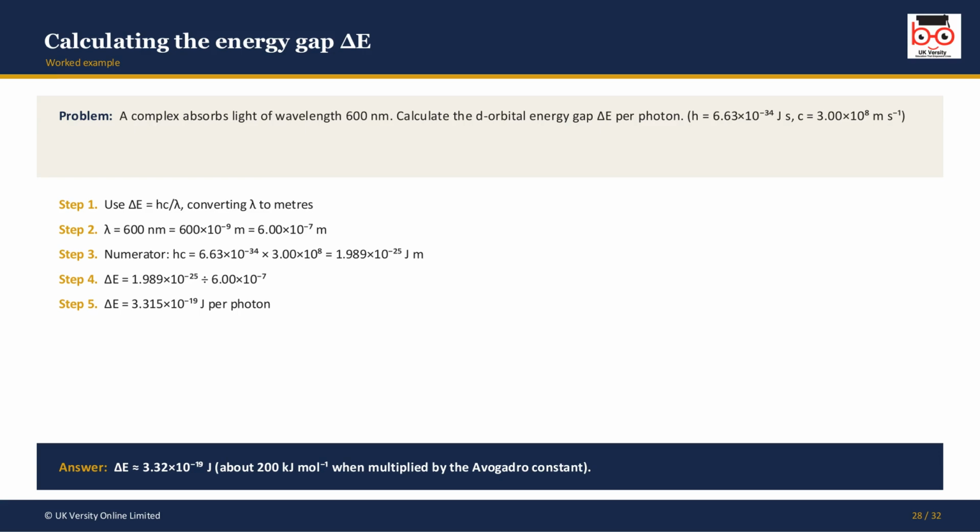The top of the fraction, h times c, is 6.63 × 10⁻³⁴ times 3.0 × 10⁸, giving 1.989 × 10⁻²⁵. Divide that by 6 × 10⁻⁷, and you get ΔE of about 3.32 × 10⁻¹⁹ joules per photon, which works out to roughly 200 kilojoules per mole across the Avogadro constant.